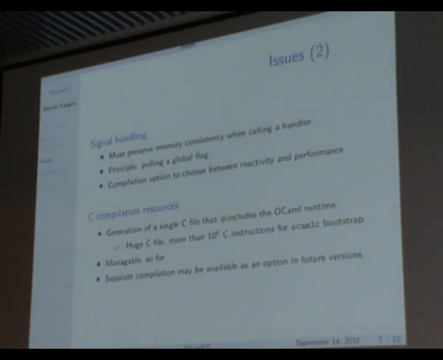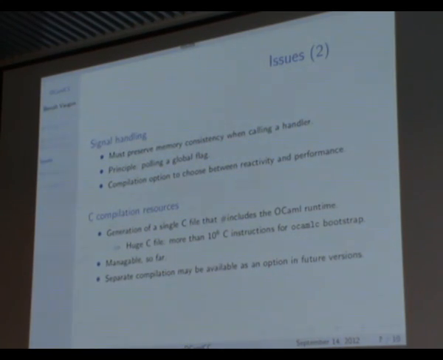The last problem is that when we generate a C file, we generate just one C file. So it is a huge C file. For example, when you bootstrap OCamlCC, you obtain a C file with all its dependencies and includes which contains more than 1 million instructions.